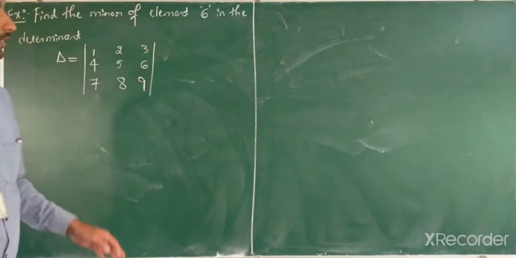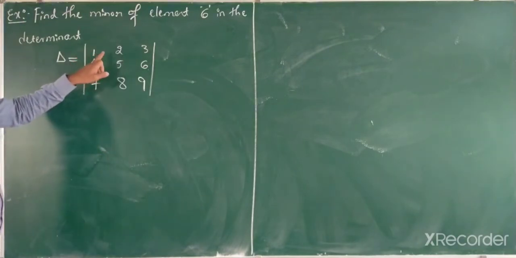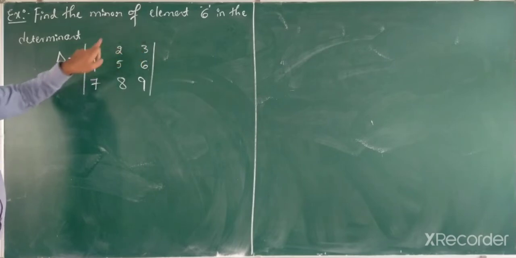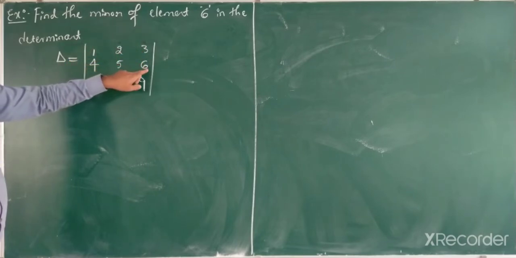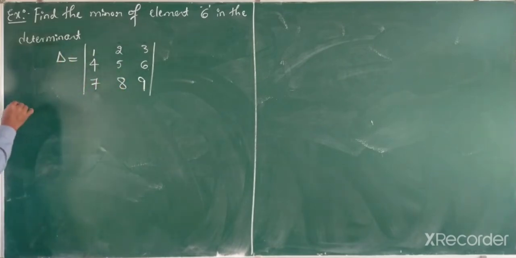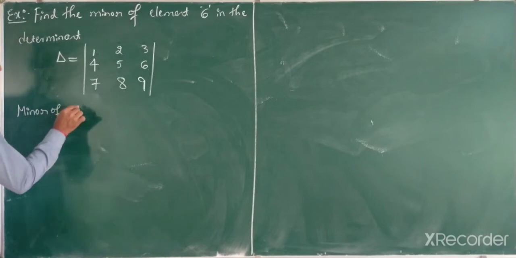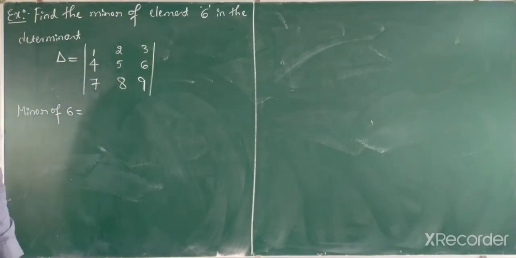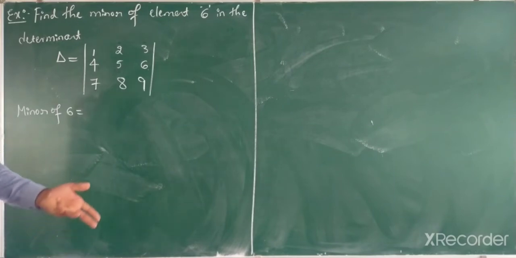What we have to find out? Minor of 6 in the determinant A11, A12, A13, A21, A22, A23, A31, A32, A33. Minor of 6 is M_ij, where M_ij is nothing but minor.